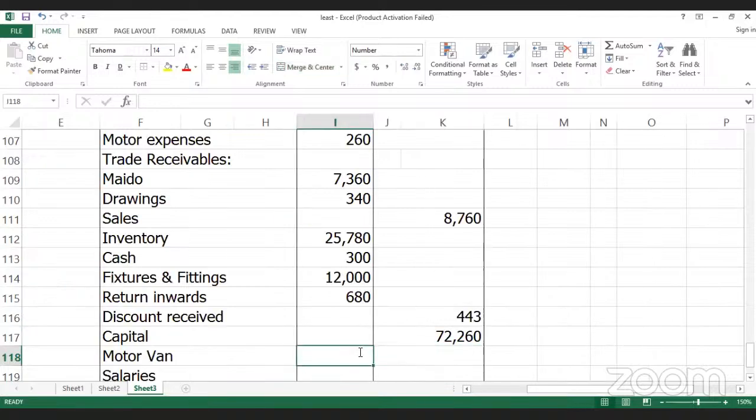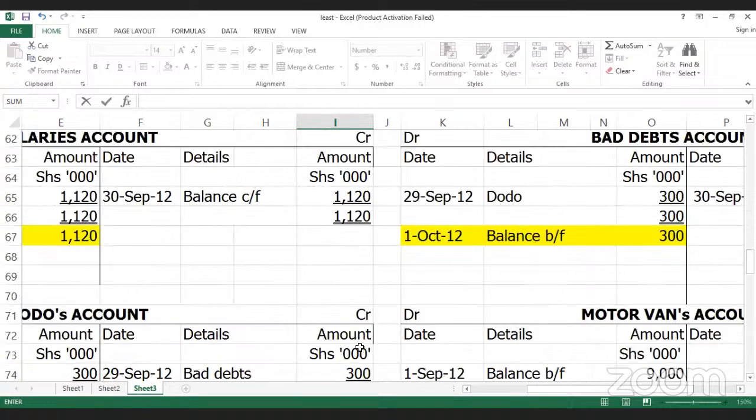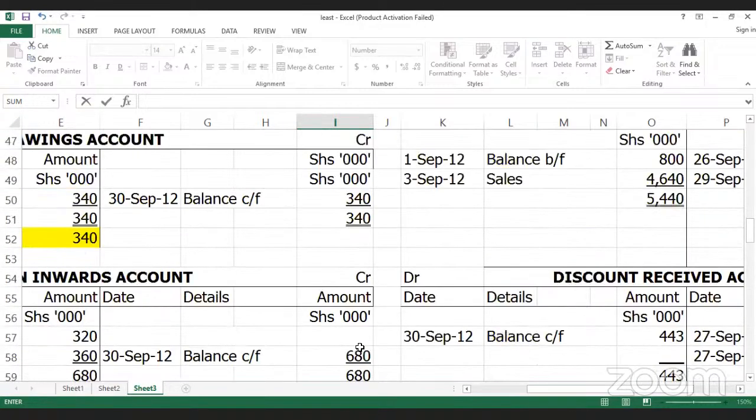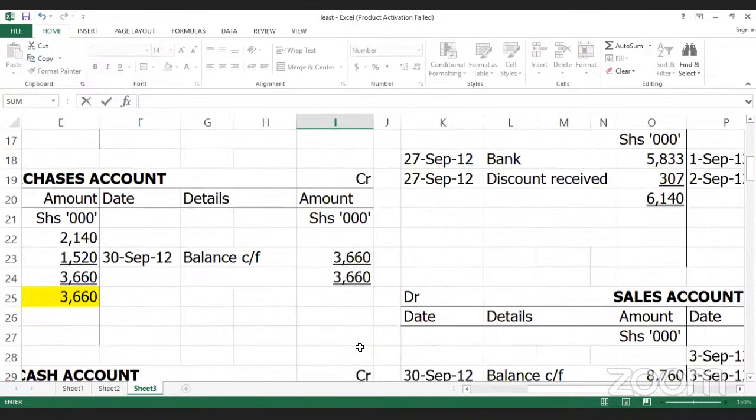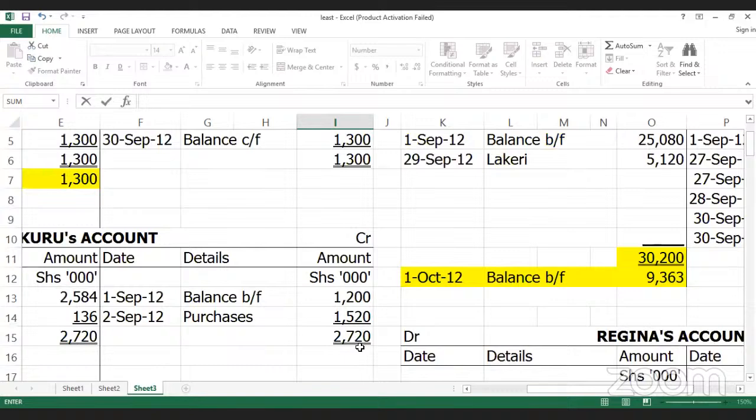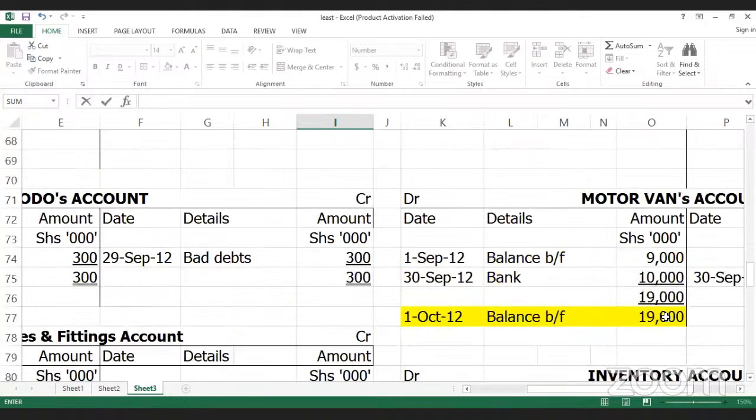Motor vans, an asset, debit balance. Where is the motor vans account? Debit.